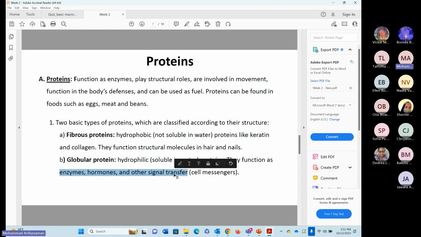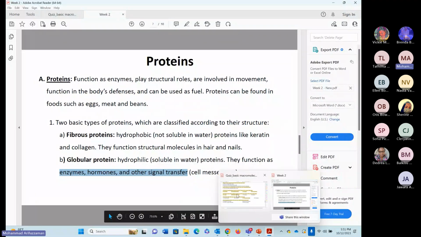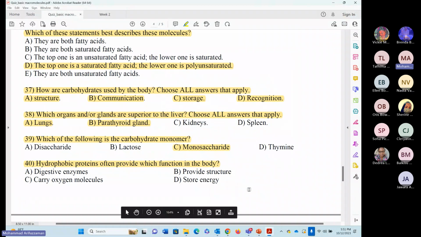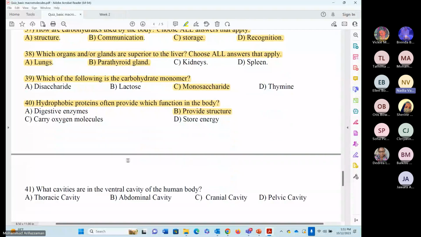So the two types are fibrous and globular proteins. Now try to find the answer. Hydrophobic proteins are the fibrous proteins. It's B, provide structure. The others are globular proteins: act as enzymes, carry oxygen molecules, and store energy. So hydrophobic and hydrophilic proteins.